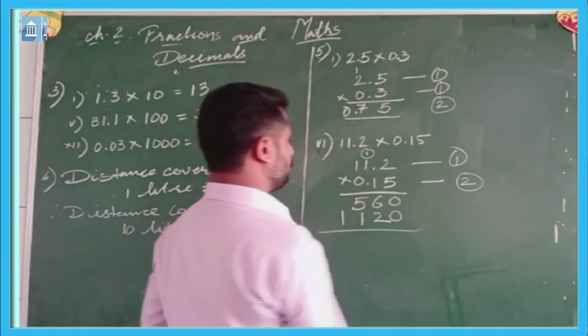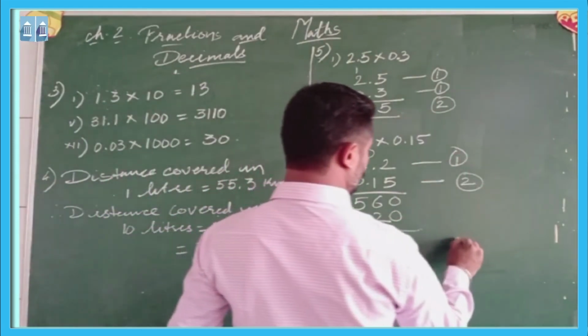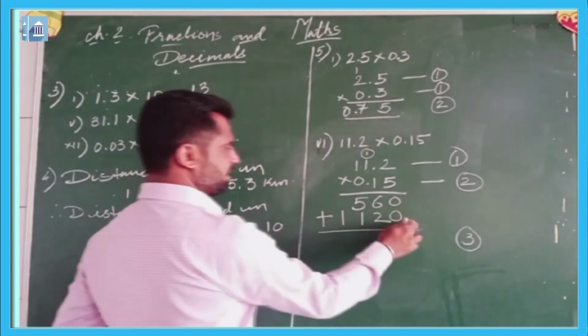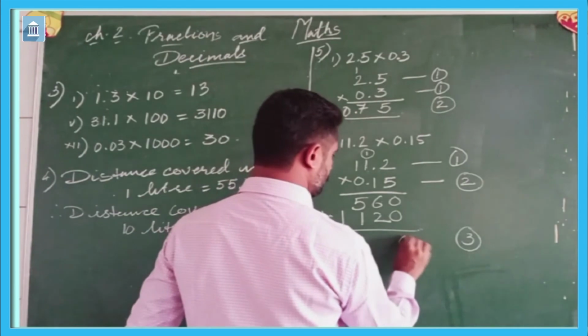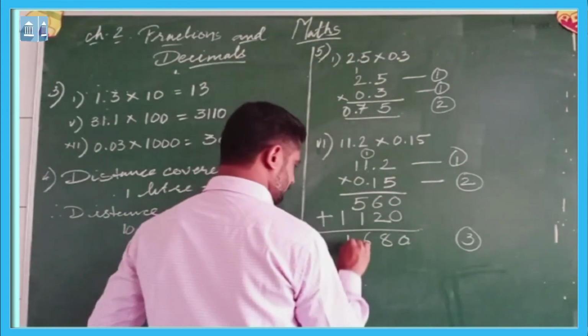Here it is 0, so no need to multiply. Now 1 plus 2, so we will have 3 here. We are going to add it. 0 plus 0 is 0. 6 plus 2 is 8. 5 plus 1 is 6 and 1.